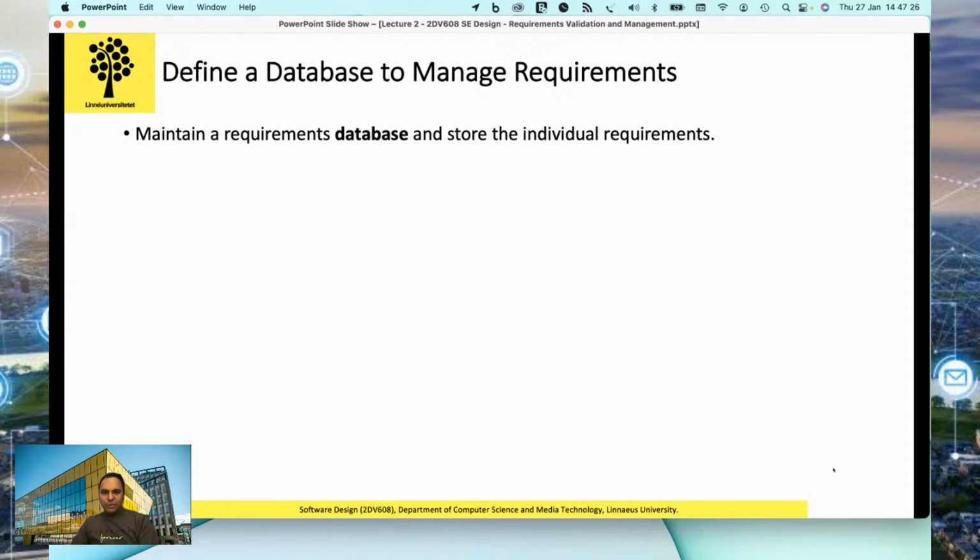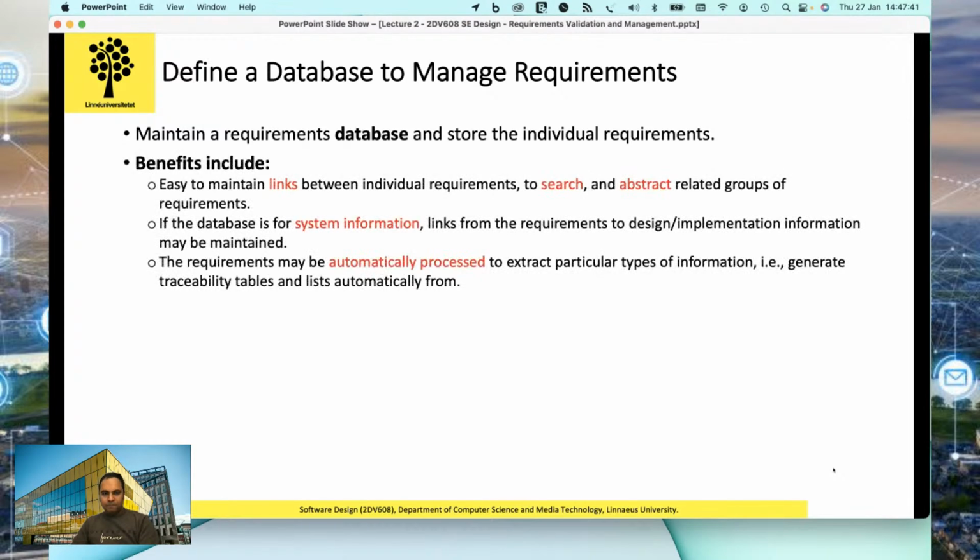Then we should also have a database for requirements. Since we are talking about requirements management, it's good to maintain a database for the requirements to manage them easily or to manage them well. There are many benefits, including search functionalities, automatically processing the requirements and so on.